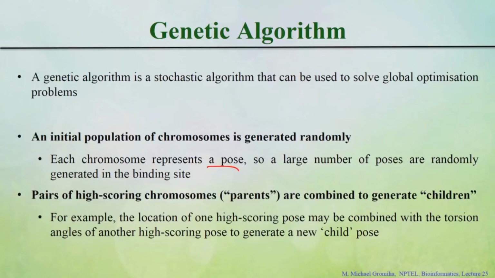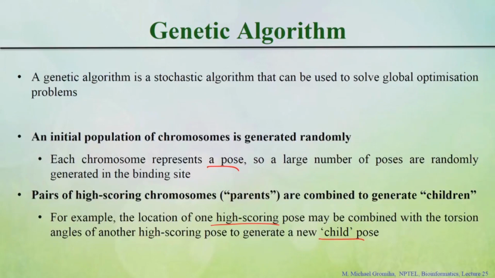In this case you can have many random poses that generate the binding sites. Then you check the scoring functions based on torsional angles and other energy potentials. See which locations have high scores, take the high-scoring poses and merge them to generate a new child.